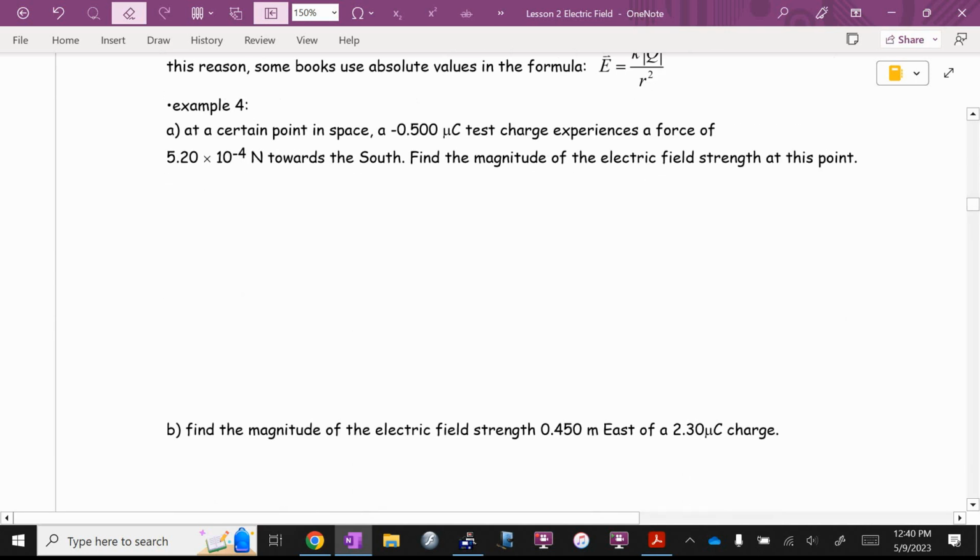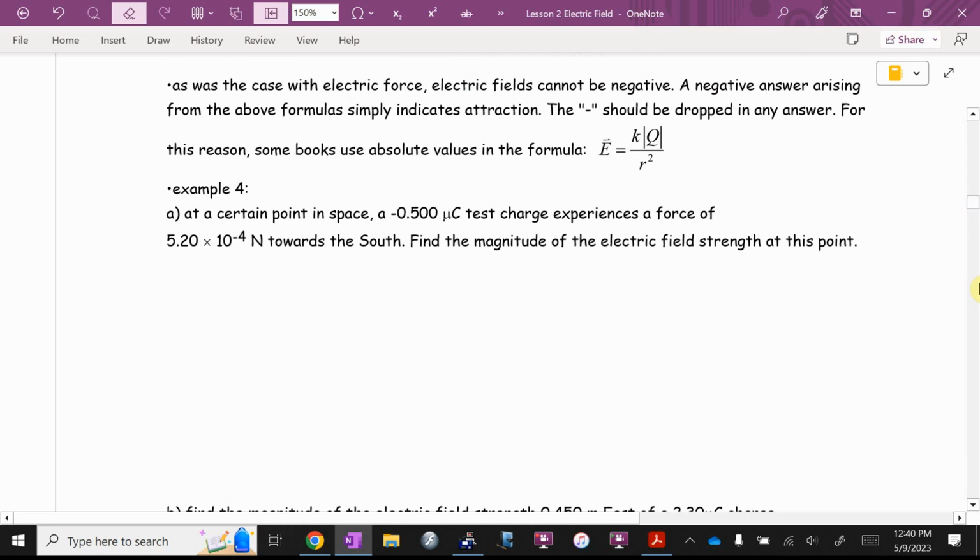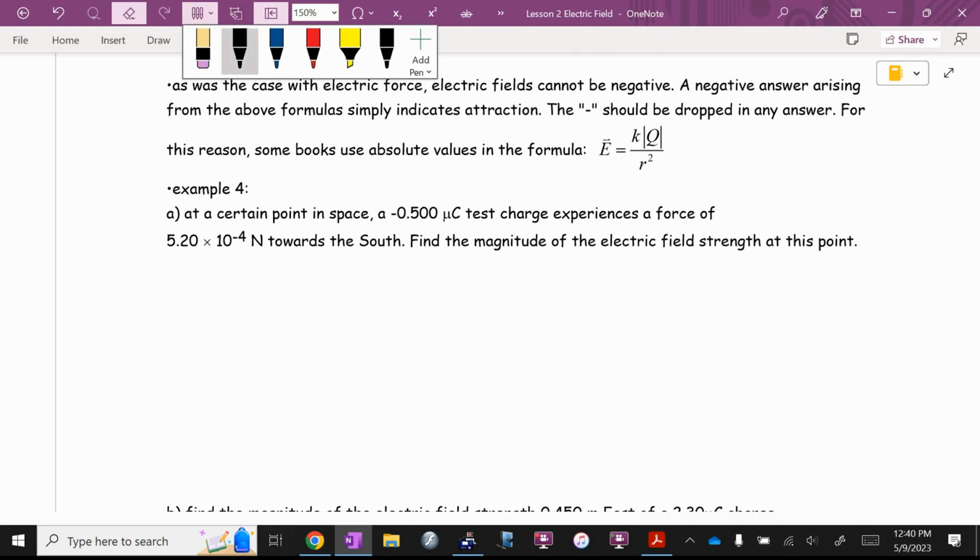Okay. Hannah, in example 4A, what are they asking me to find the magnitude of? In part B? Oh, are these the same question? You know what? We have two ways to find electric field. I'll write them both here because you've all turned the page.